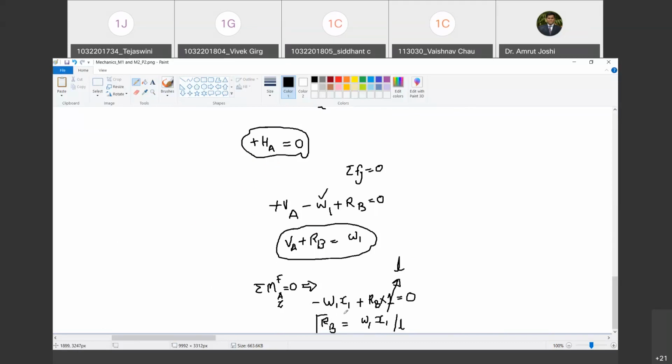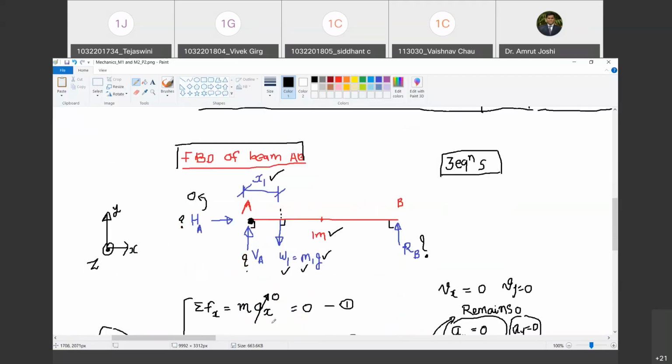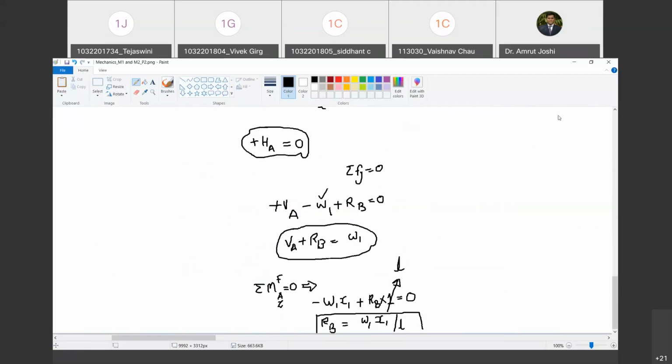Yes, sir. W1 X1 upon L. Now in this, what are the known quantities? W1 is known, X1 is known, and L is known. So have we expressed RB in terms of known quantities? Yes, sir. That's what we had to do. We have to find out the expression for RB analytically. Are you with me? Yes, sir.